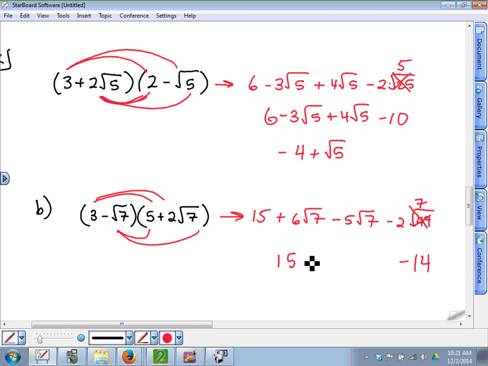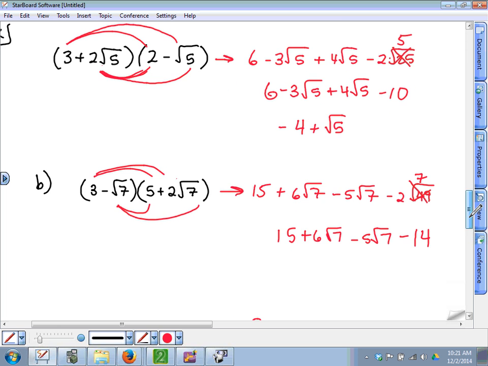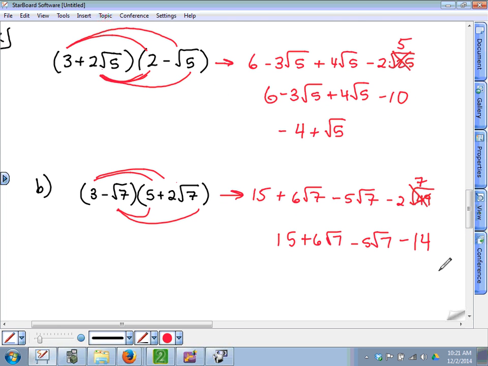So what we have is 15 plus 6 root 7 minus 5 root 7 minus 14. 15 minus 14 is 1. And 6 root 7 minus 5 root 7. 1 plus root 7. Man, math is so easy.